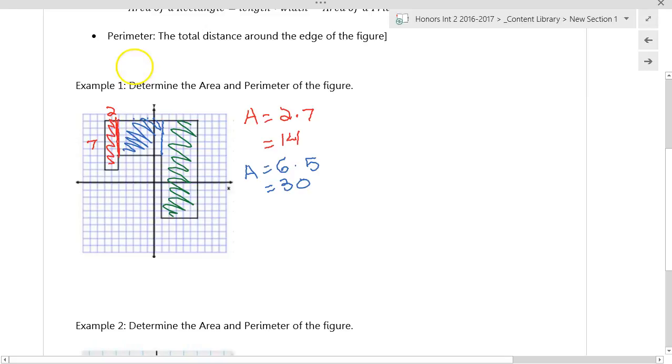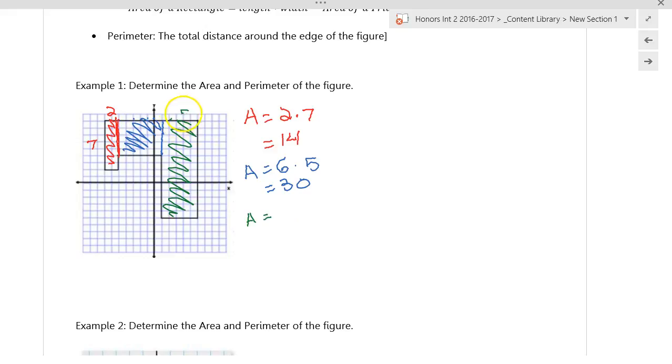And then our green rectangle, the area equals 5 times 1, 2, 3, 4, 5, 6, 7, 8, 9, 10, 11, 12, 13, 14. So 5 times 14, which is 70.